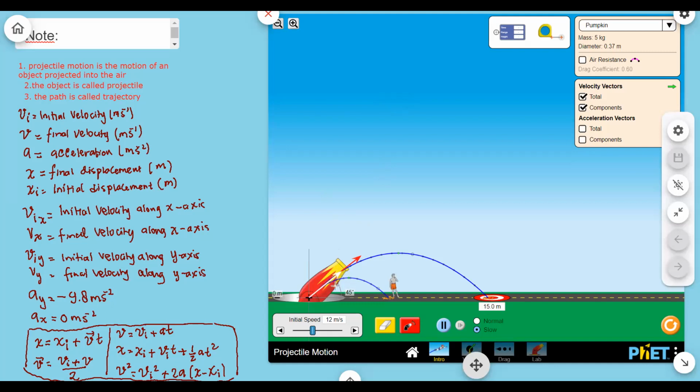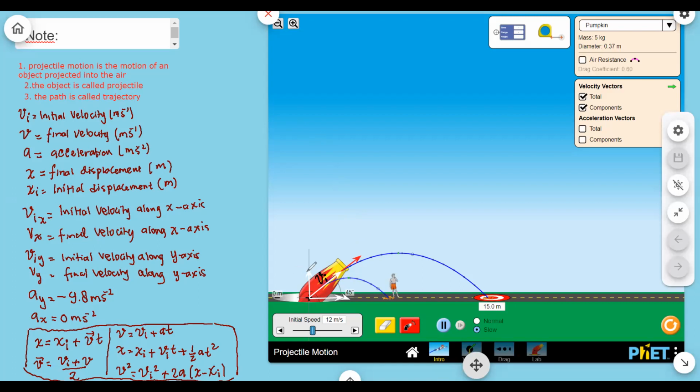Now, please consider the white arrow. So the white arrow is the initial velocity. So we can put Vi. And then there are two components of the initial velocity. The first one is the horizontal component and the second is the vertical component. Now we have already dealt with the labels of the quantities in the projectile motion.